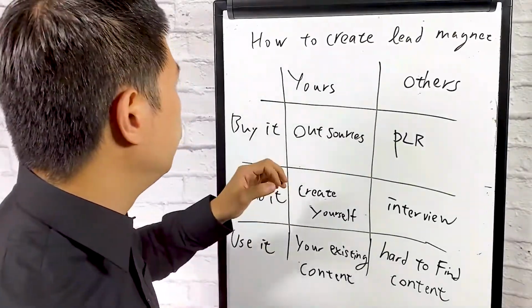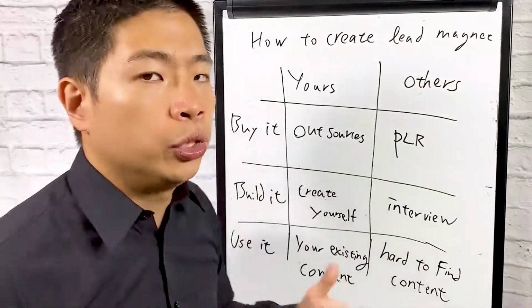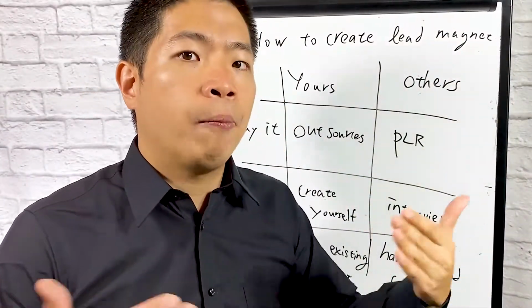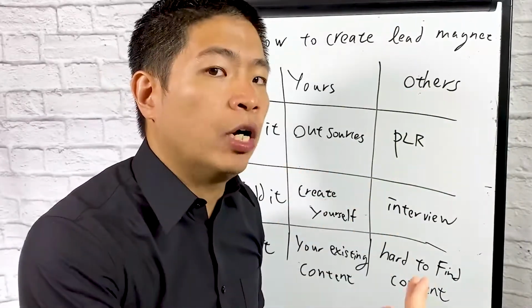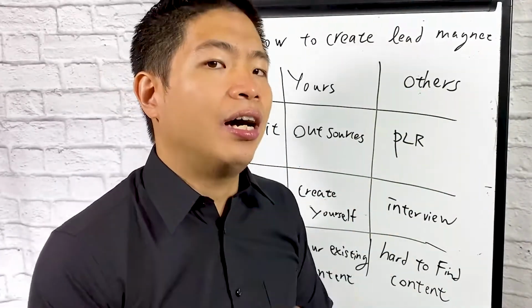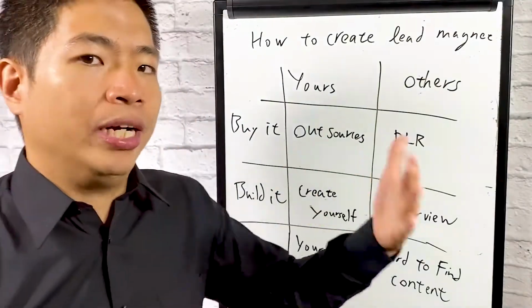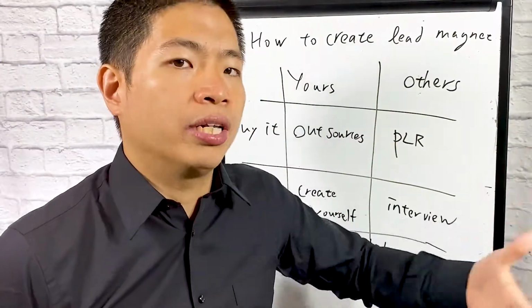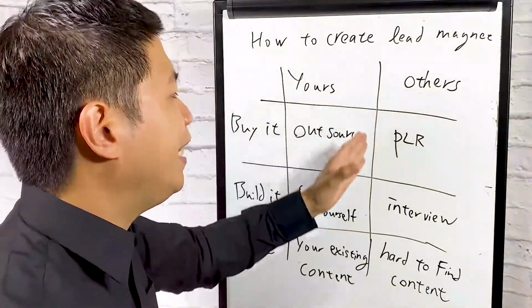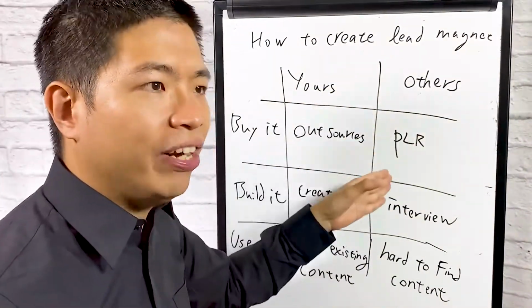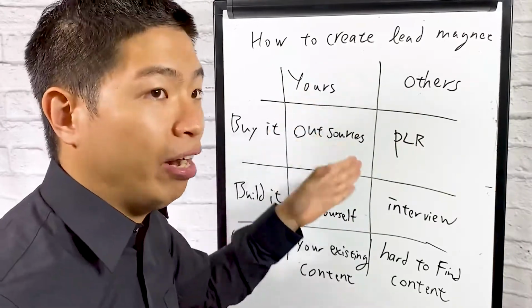If you buy it, that means you go to Fiverr or Upwork or sites like that to outsource, to find someone to create the content for you. They can write a report for you, they can record a video for you, things like that. Or you can go to what we call a PLR site, private label rights.